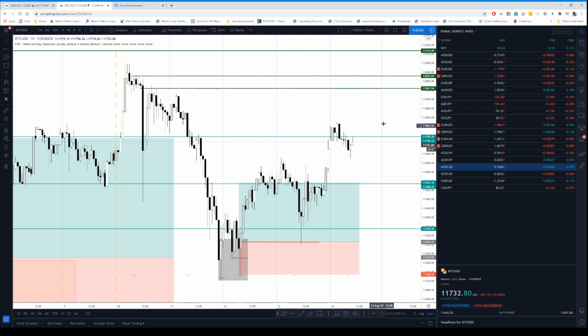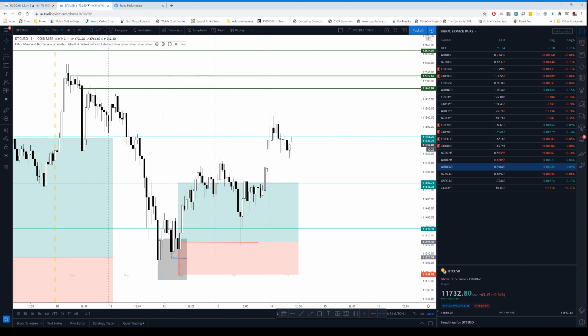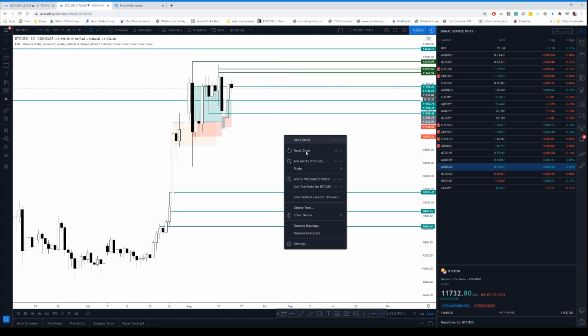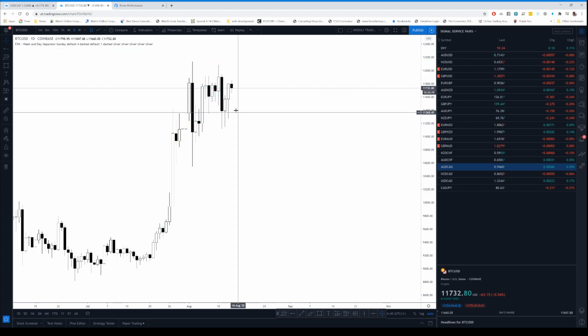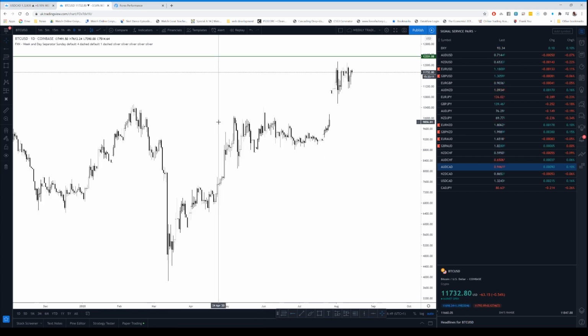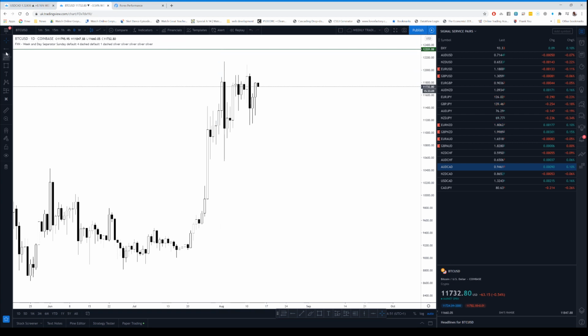Okay, so we should see Bitcoin continue to push higher. Let's remove all this business for now. We do have a swing high in here. That weekly level is still up there, so I think that's where they are going to target. They've placed an equal high in here, so that could be a potential target.